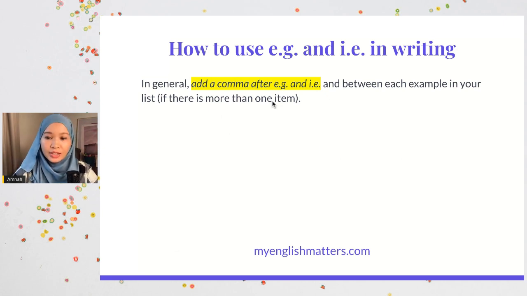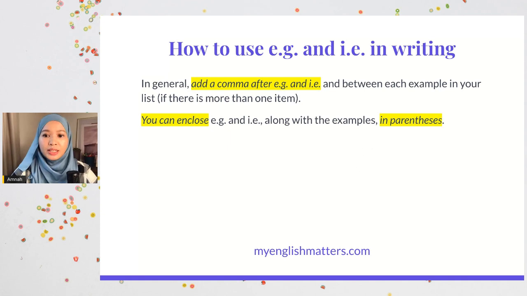I usually do not use a comma after e.g. and i.e. And so I looked it up, and it turns out that the British English style of writing, they don't usually put a comma after e.g., and they also don't put a comma after i.e. However, if you search online, you will find that a lot of writing uses a comma after e.g. and i.e. So to be safe, in general, use a comma after e.g. and i.e. So I'll show you an example shortly. You'll see the other examples. I put commas after e.g. and i.e.